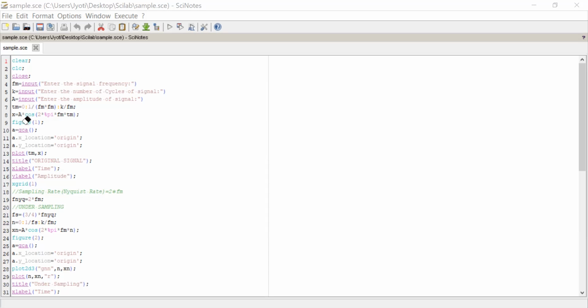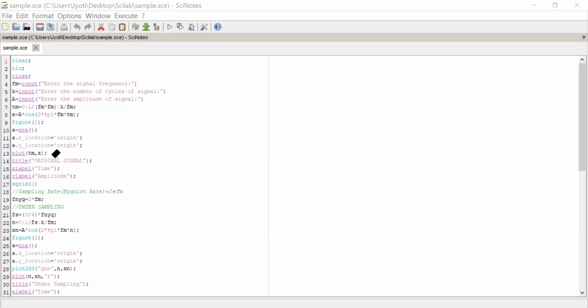First I'll generate the waveform x. That is figure 1, the first figure. a = gca(), with brackets closed. It will take the x-axis values, and the x-axis will start at the origin, similarly the y-axis will start at the origin.